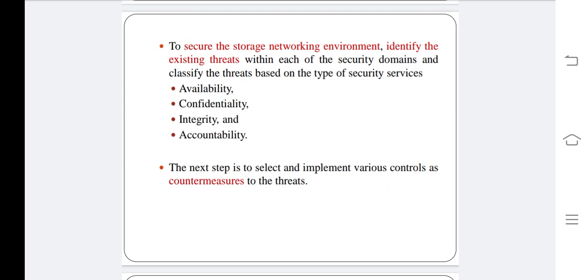To secure the storage networking environment, identify the existing threats within each of the security domains and classify the threats based on the type of security services like availability, confidentiality, integrity, and accountability. The next step is to select and implement various controls as countermeasures to the threats.